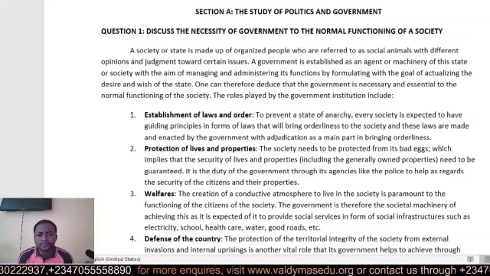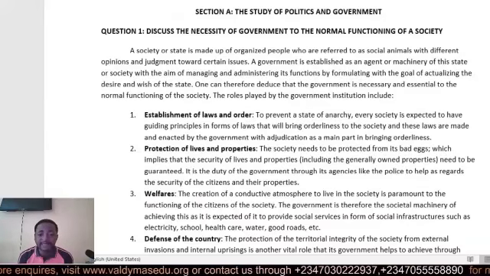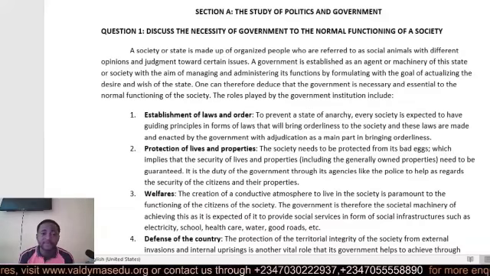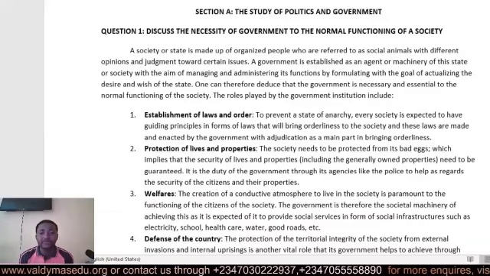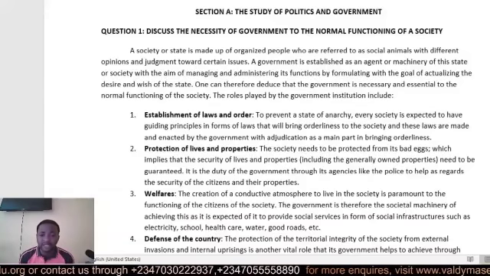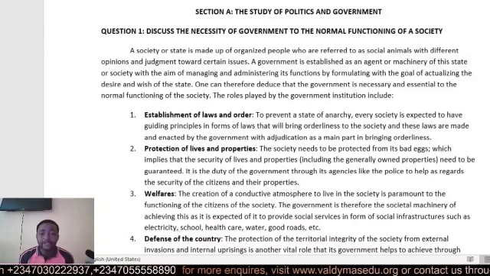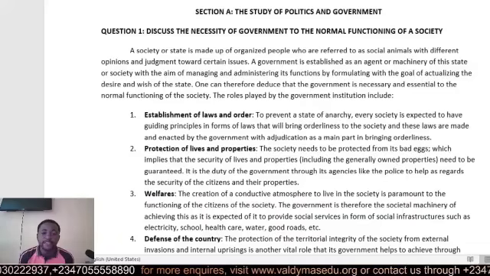Now, in this introduction, which might not be as holistic as expected, it is said that a society or a state is made up of organized people who are referred to as social animals. We are all social animals, and we have different opinions and judgments on certain issues.